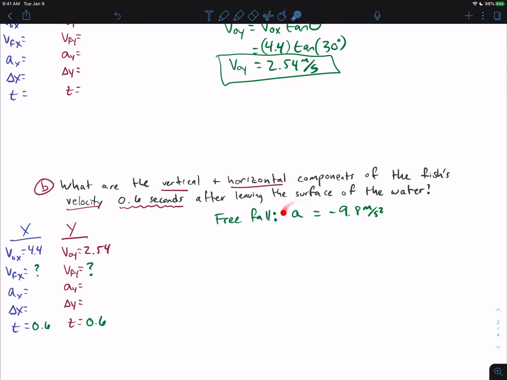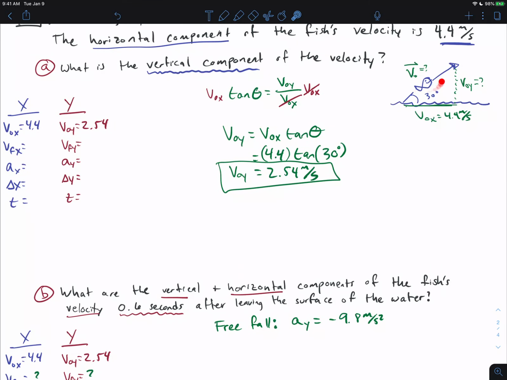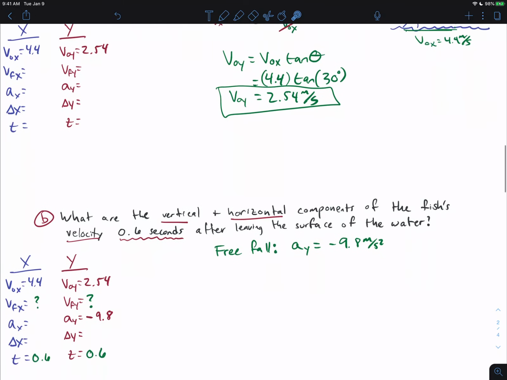So this value here is actually describing my acceleration in the y direction. So this is great. We can use this to fill in here, not only for this problem, but for any problem that is free fall, right? Remember, the condition for free fall is that the fish is in the air. That's it. That's the only condition. If it's in the air, it's not touching anything, it's in free fall. The only thing acting on it is gravity.